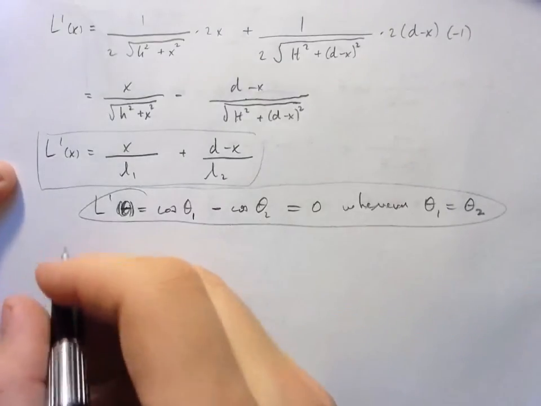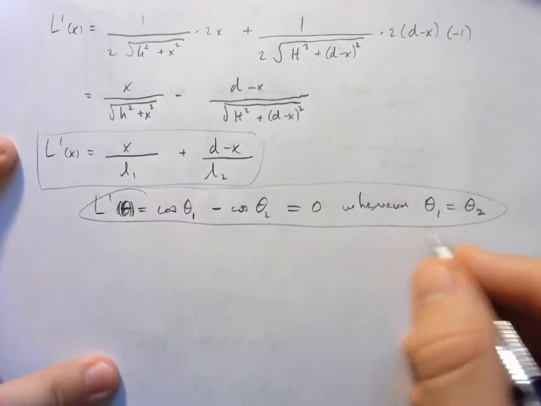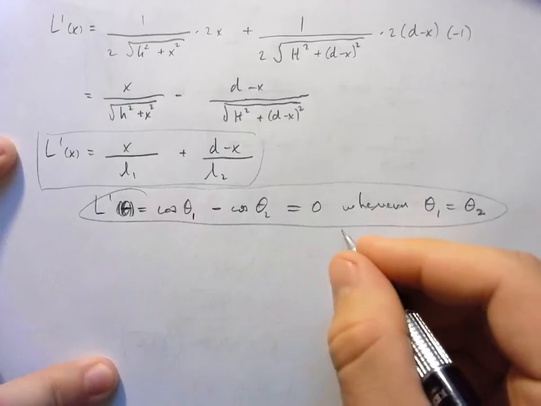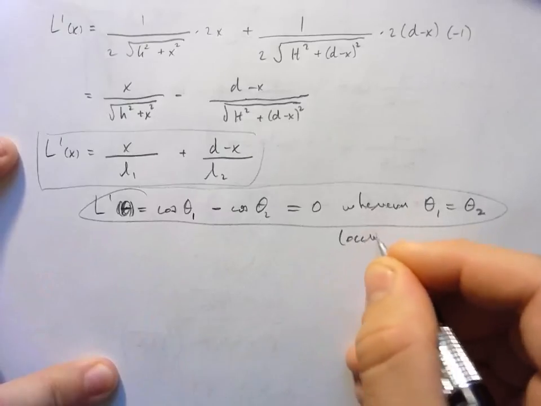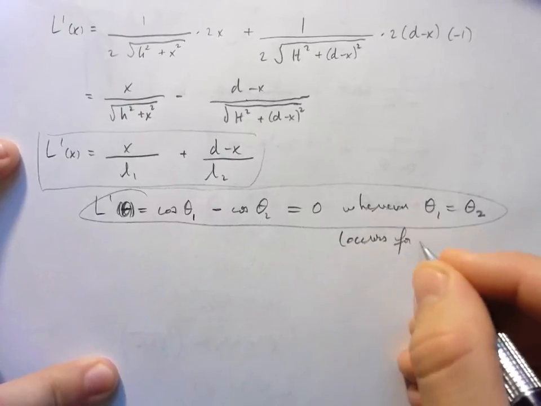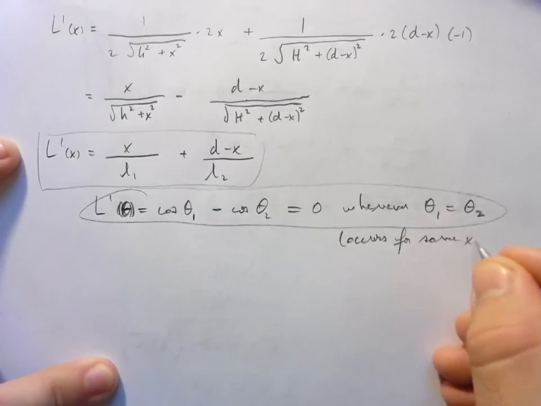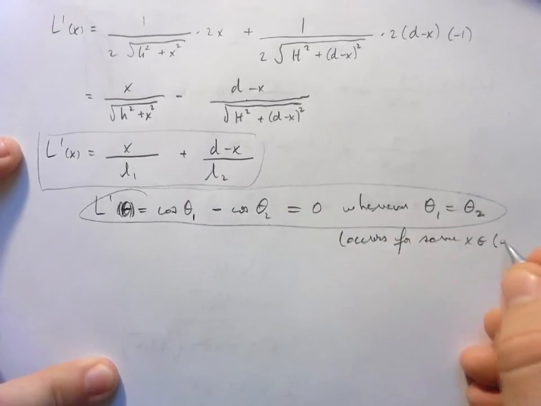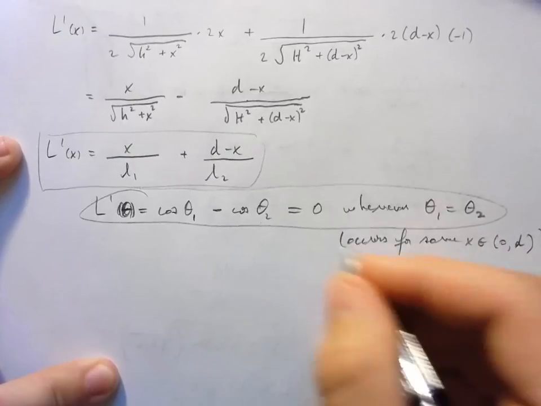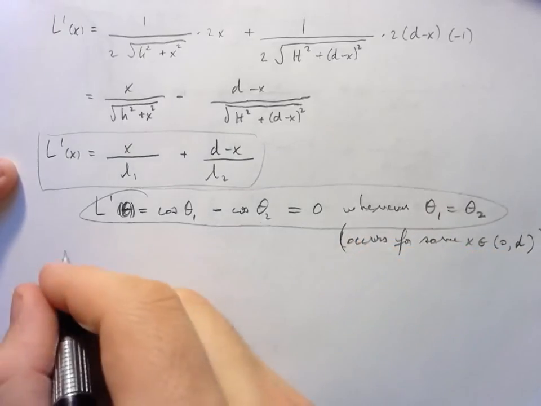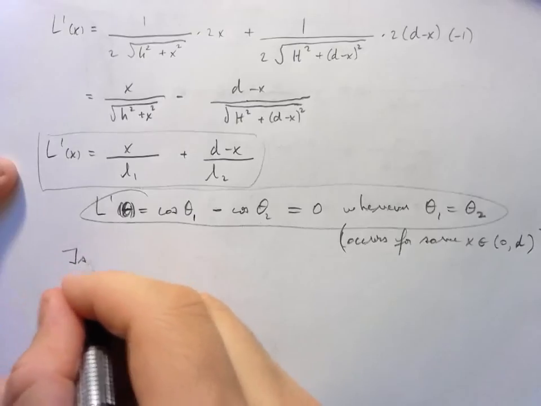Now the question is, okay, so this is going to happen for some x inside the interval, and the range for x is 0 to d, and the question is, is this a minimum?